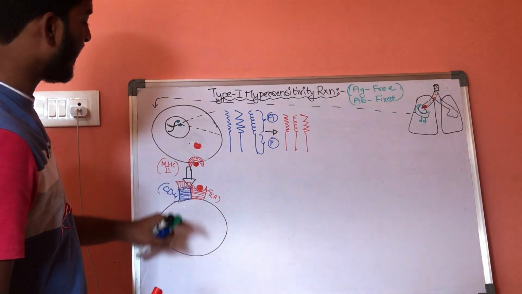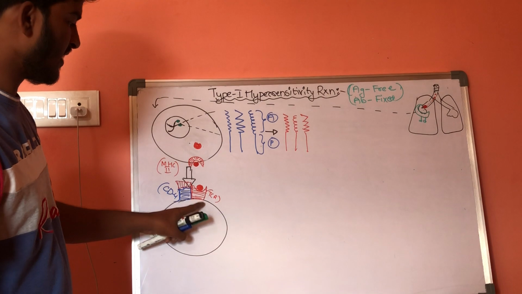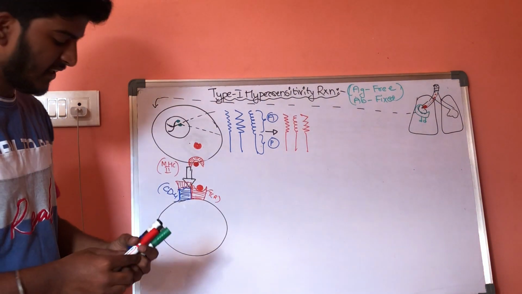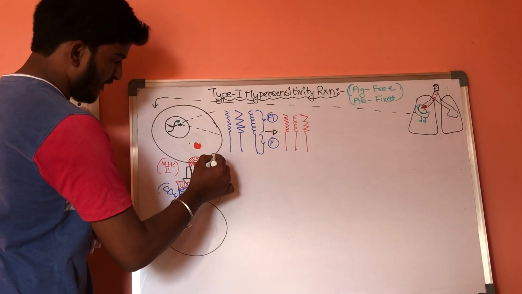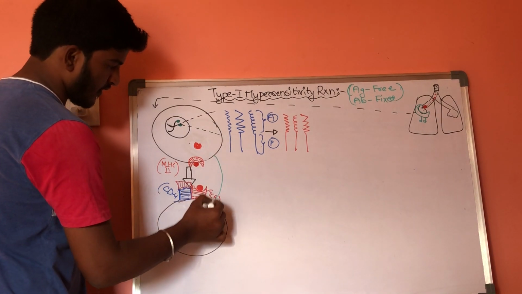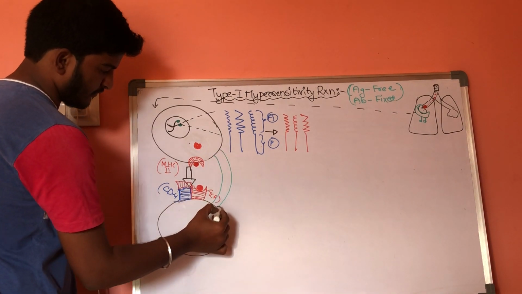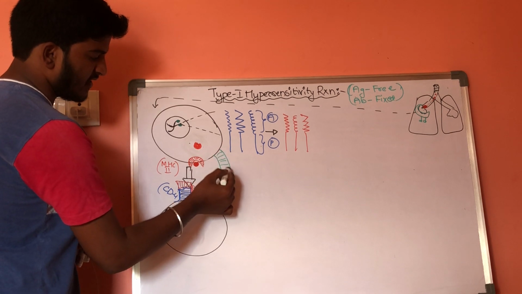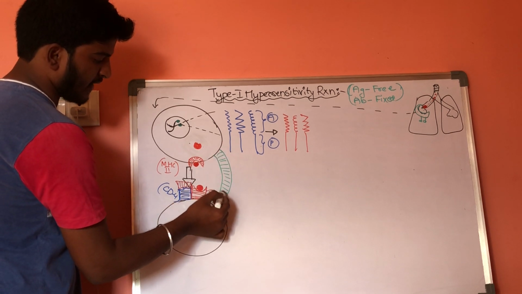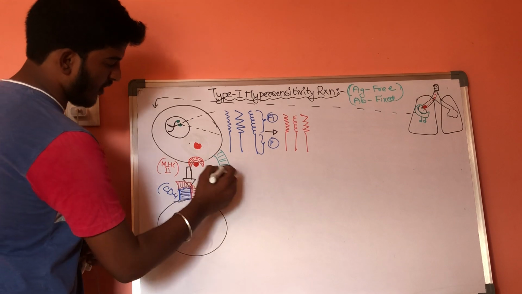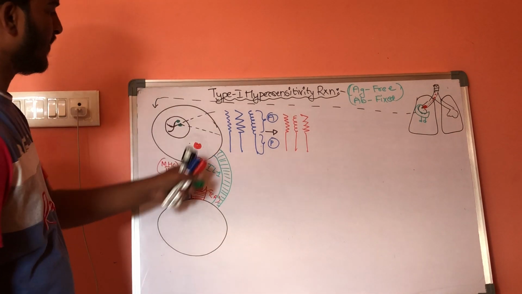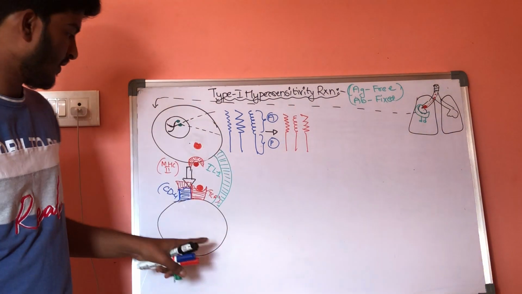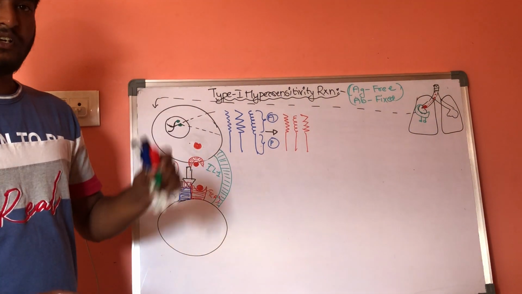After attaching the MHC class 2 proteins and TCR with this antigen presenting cell, there is one more chemical which is released. This is another chemical released from the antigen presenting cell, called interleukin 1.